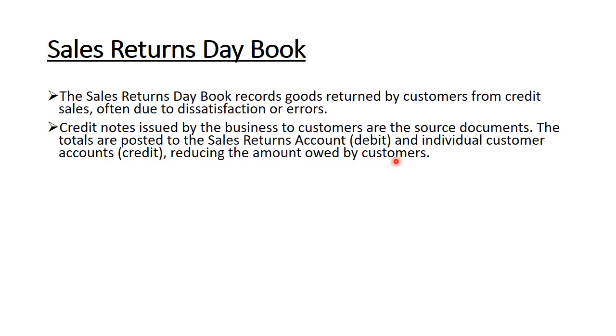Therefore, in effect, recording this will reduce the amount owed by customers. So you give someone wigs worth, say, 3,000, and they are going to pay by month end. Now they are not impressed with one type of wig which is 1,000, so they return it.